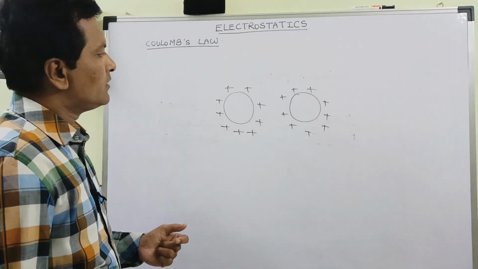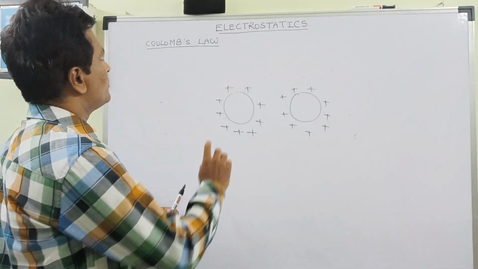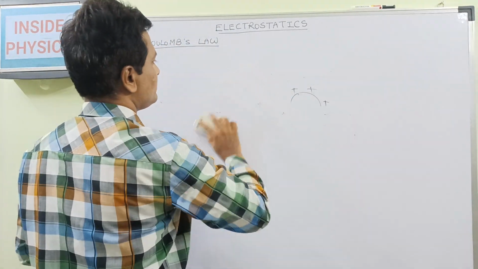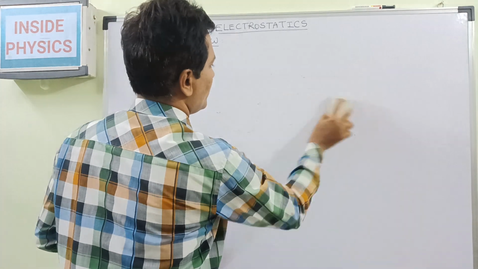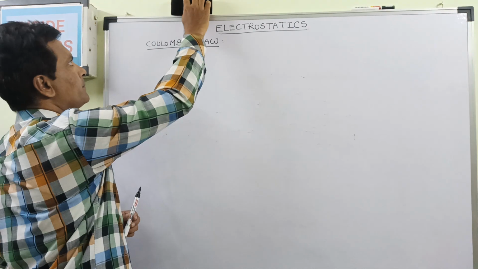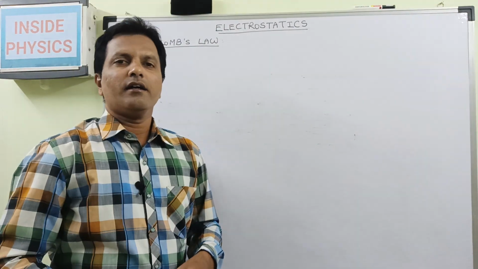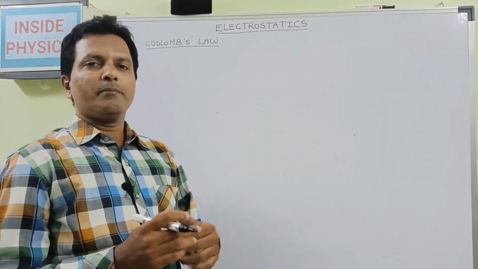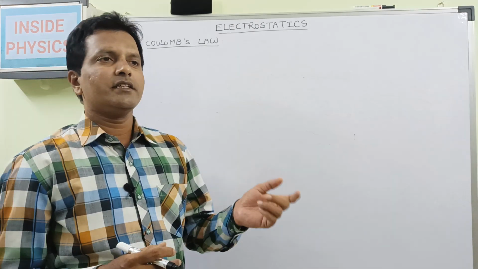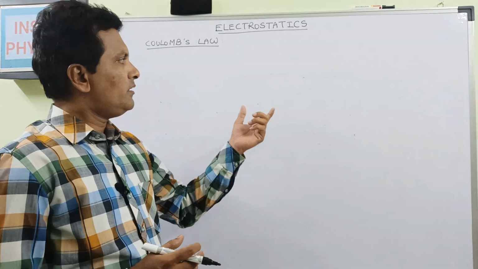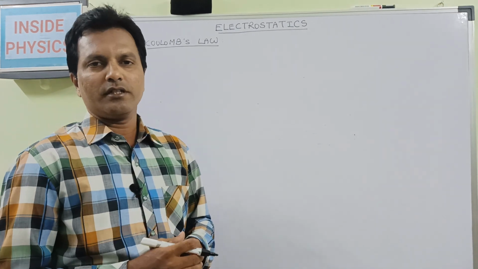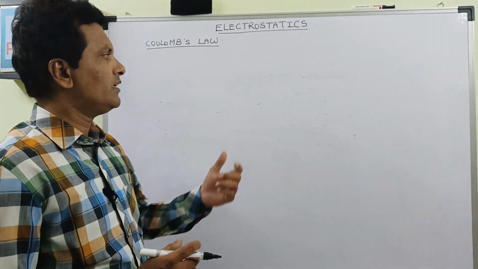So next we will move to Coulomb's law. What is Coulomb's law? Coulomb's law states that the attraction or repulsion between any two point static charges is directly proportional to the product of the charges and inversely proportional to the square of the distance between the two charges.